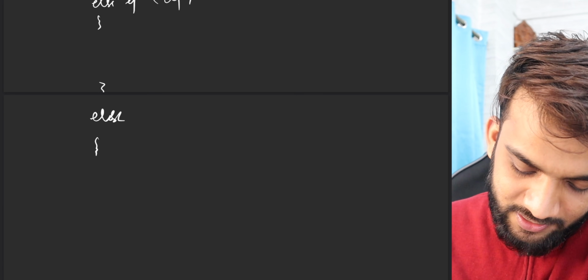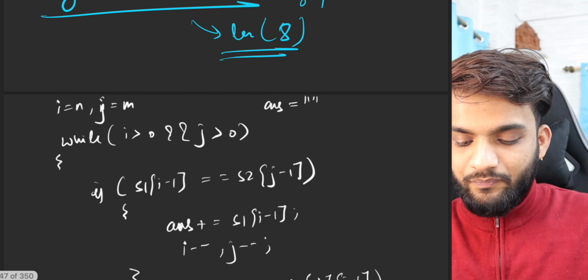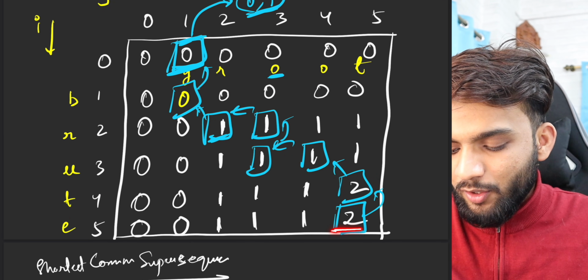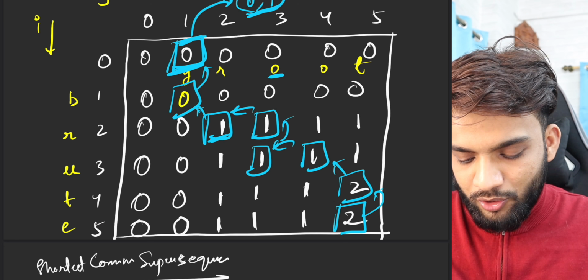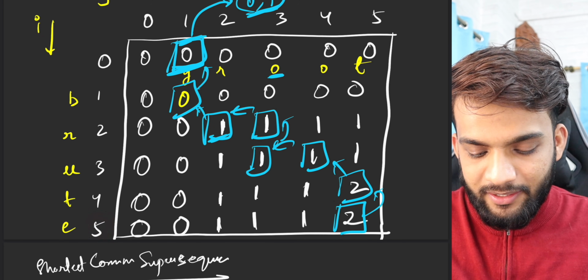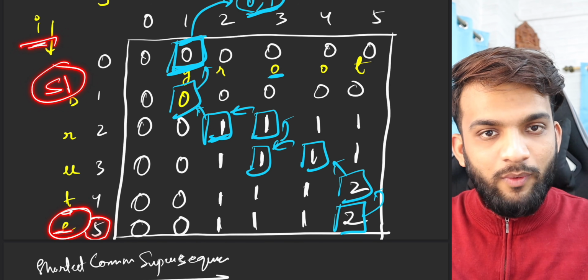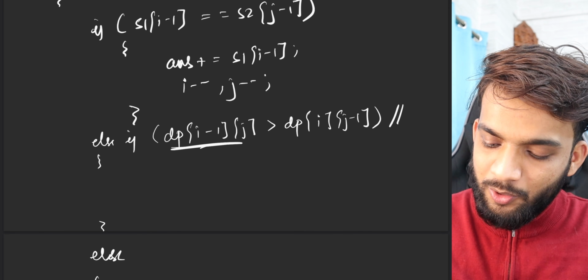What am I doing? Let's analyze. Whenever this guy is there, which means this guy is greater. When you started over here, this guy was greater, so you moved. So what did you do? You took the ith guy of this string 1. Whenever I move up, this is the upward movement.